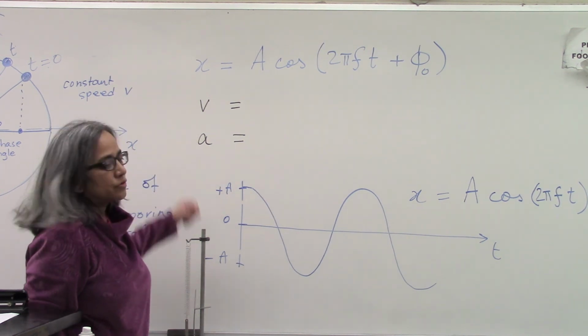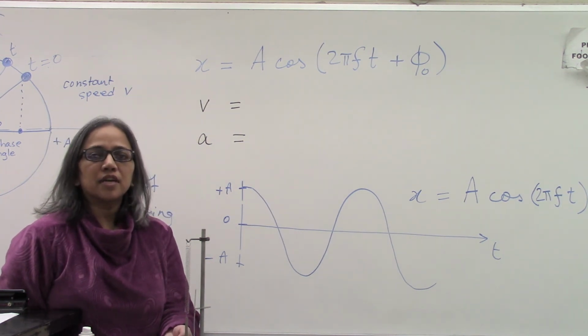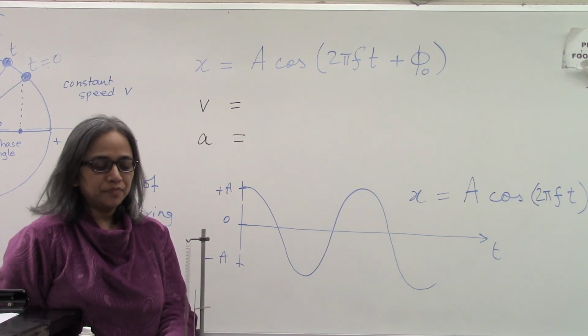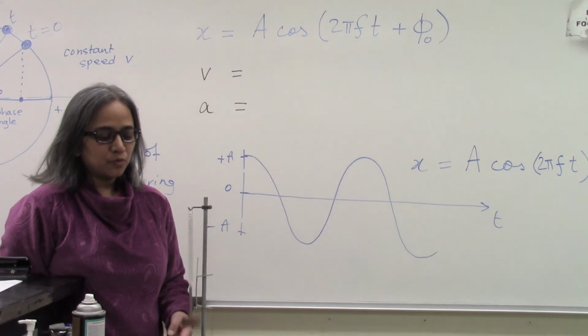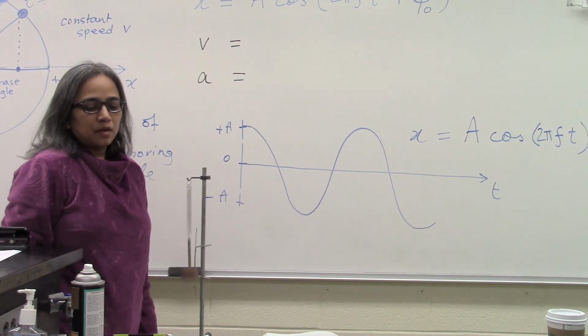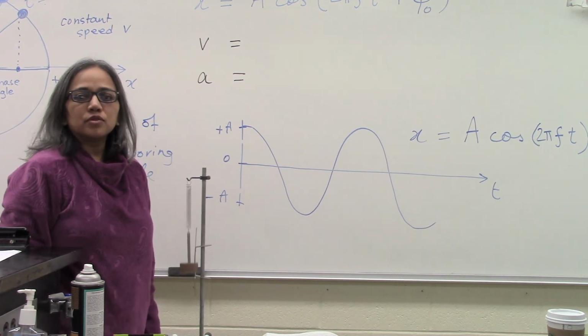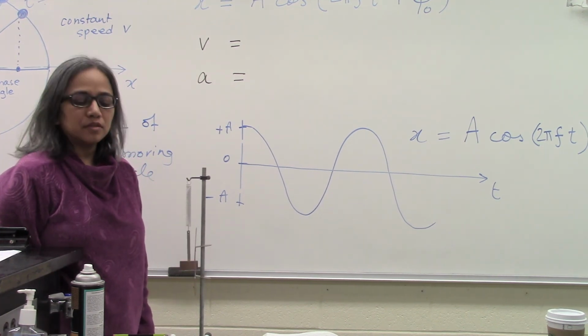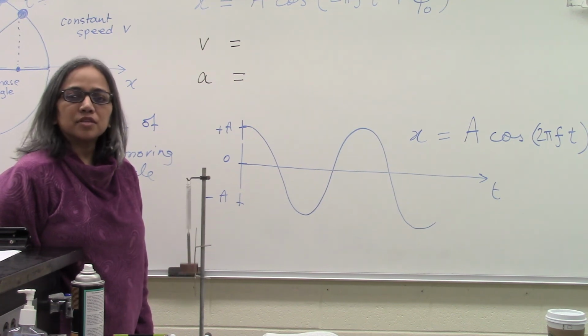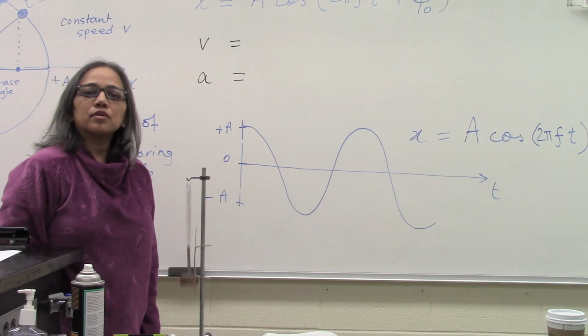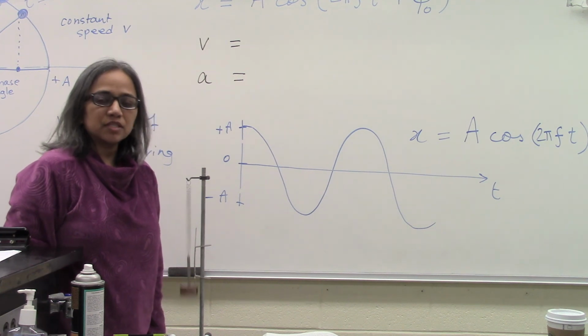But before that, I want you to think physically about the velocity and acceleration of an oscillator. So let's look at this oscillation one more time. I want you to think about where the velocity is 0, where the velocity is a maximum, where the velocity is positive, and where the velocity is negative.